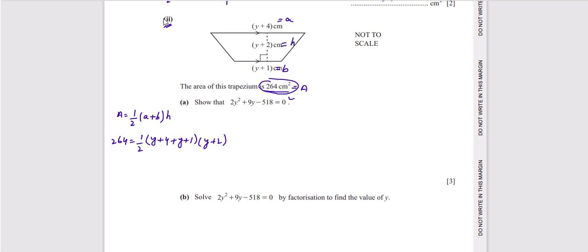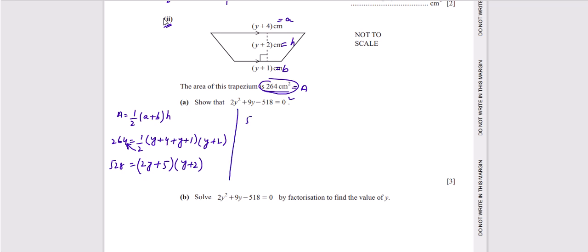So this value is divided. On this side it will be multiplied with 264. We get 528 is equal to y plus y, 2y; 1 plus 4, that is equal to 5, and y plus 2 is the same.